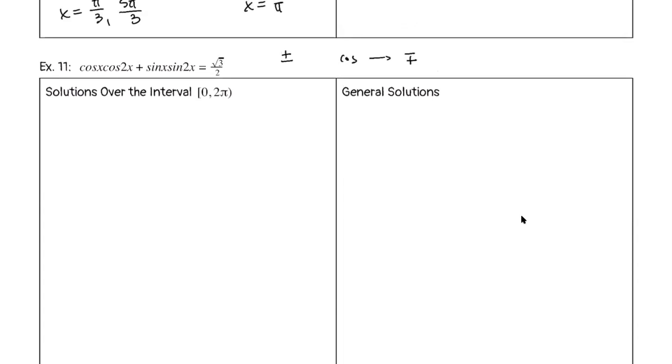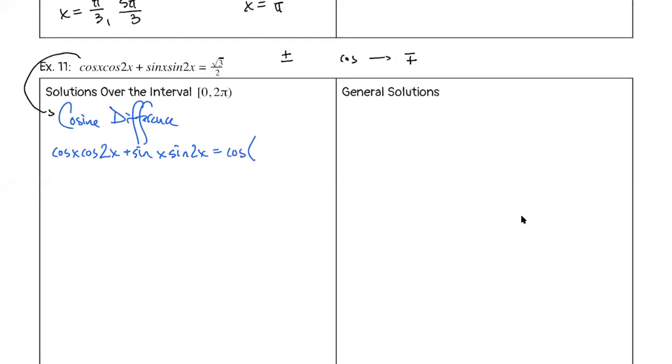Okay. All right, so we do in fact have the cosine difference formula here, or identity. And so let's write that out. We've got cosine of x cosine of 2x minus sine of x, plus sine of x sine of 2x equals cosine of x minus 2x, okay?